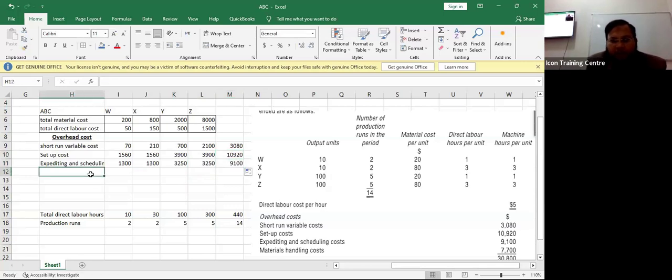Right, sir? And finally, we have material handling cost.